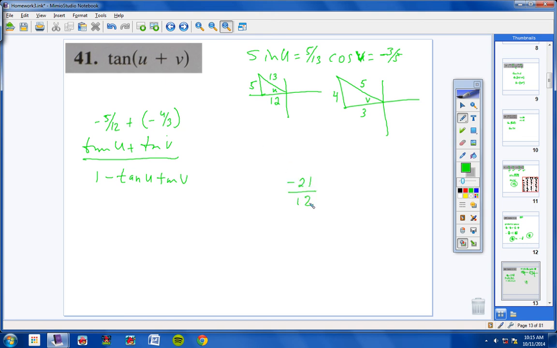Down here we'd have 1 minus a negative 5 twelfths times a negative 4 thirds. And negative times a negative is positive, so 1 minus 5 ninths, I believe, would give us 4 ninths.